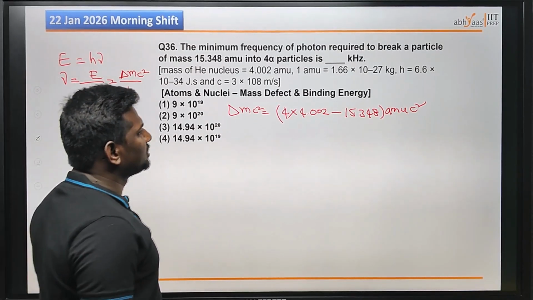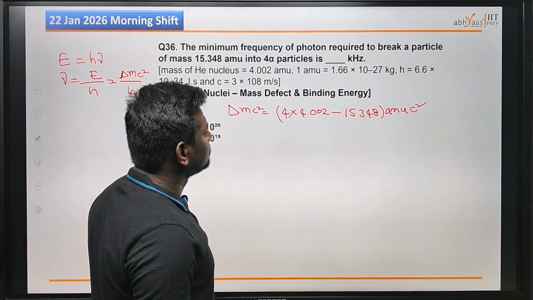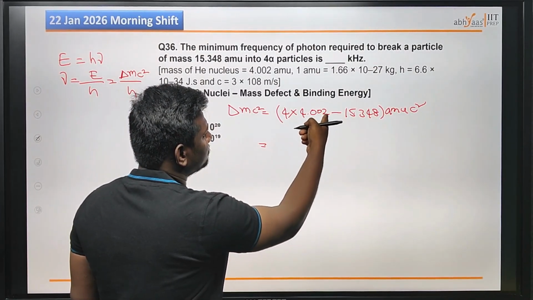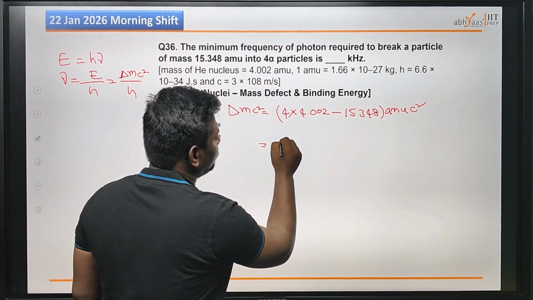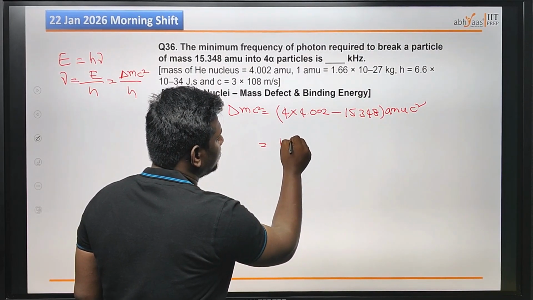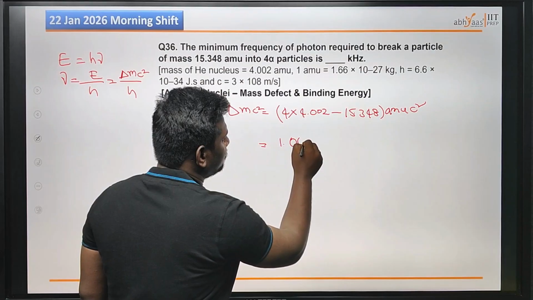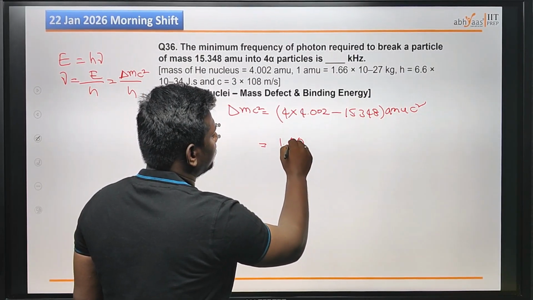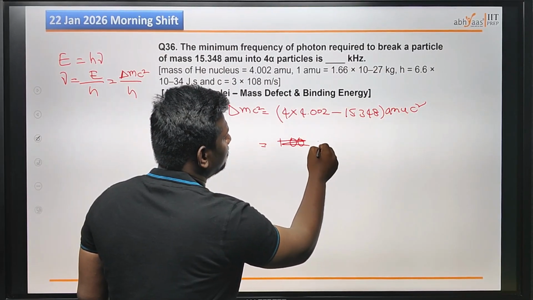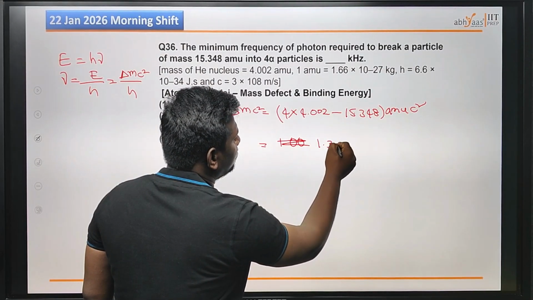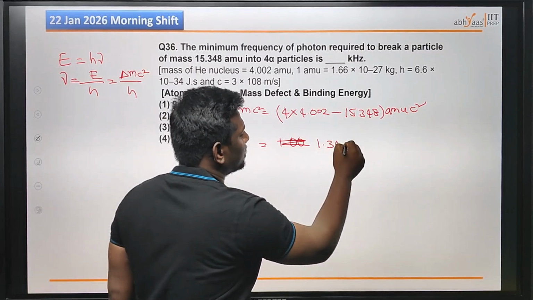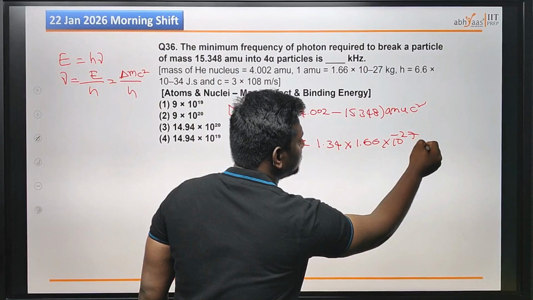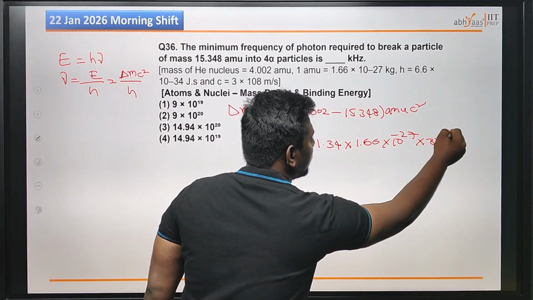So from this one, what you are getting? This is 16. So you will get 1.34 AMU, that is nothing but 1.66 into 10 to the power of minus 27 kg into 3 into 10 to the power 8 whole square.